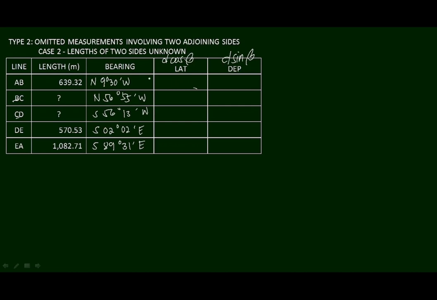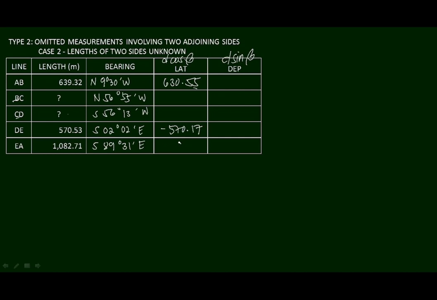Again, verify my answers, please. My answer for the latitude of AB is 630.55. Positive kasi north. For line BC, walang bearing. So, proceed ako kay line DE, that is south. So, negative 570.17.